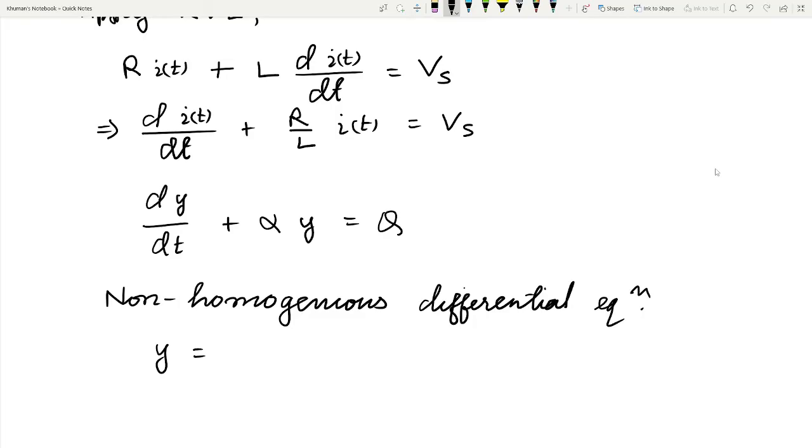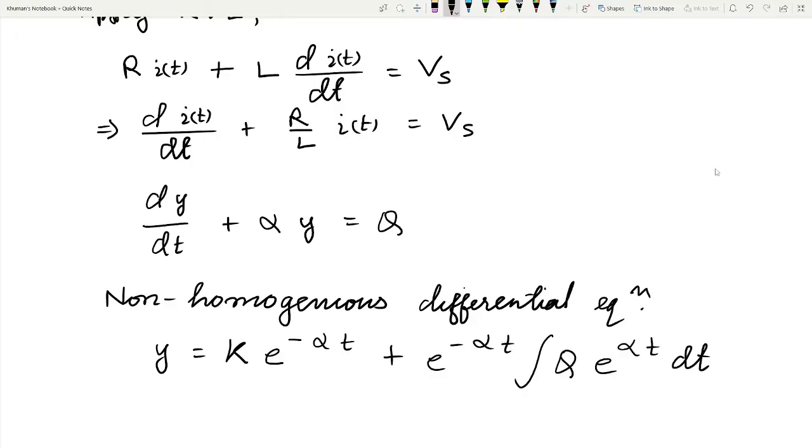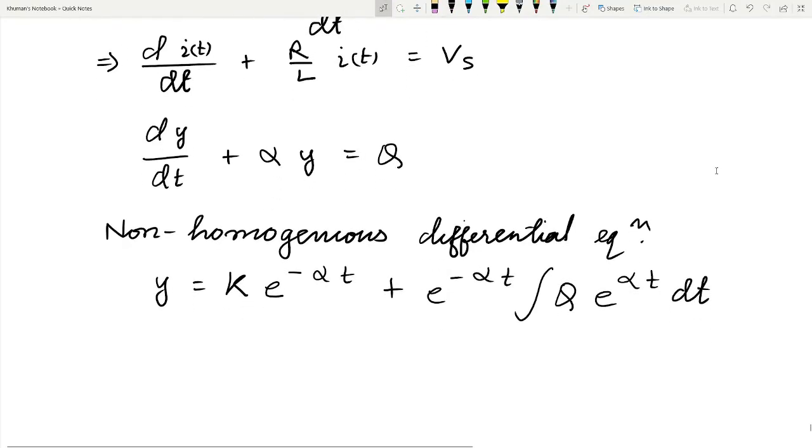Its solution is y equal to k e to the power minus alpha t plus e to the power minus alpha t times the integration of Q e to the power alpha t. Okay, it is given by this equation.